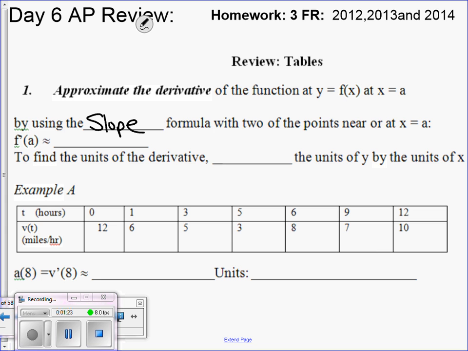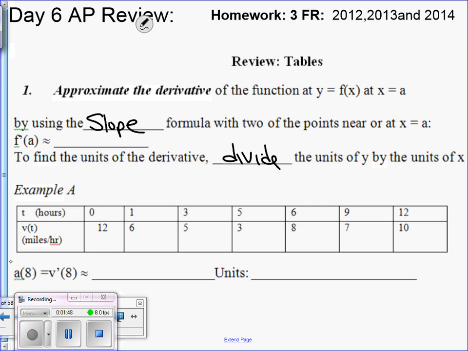Yeah, and when you say over, what operation is that? Yeah, division. So you're going to divide to get the units of your derivative. You're approximating a derivative, and to get the units, you divide the units of y, or whatever it is, by the units of x. So let's do an example.